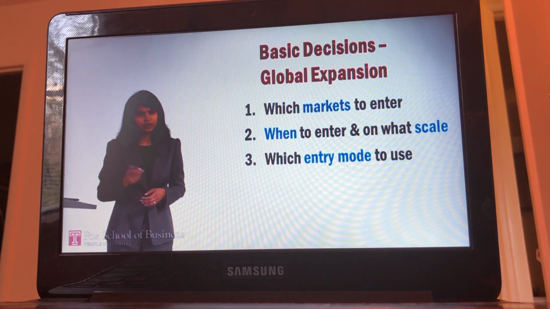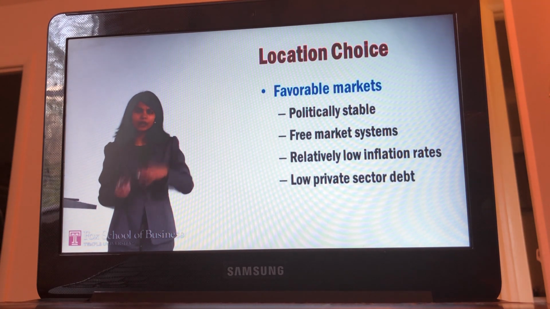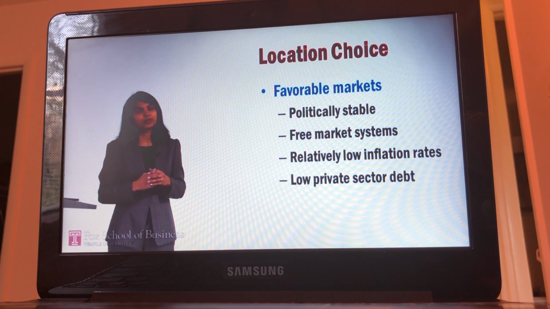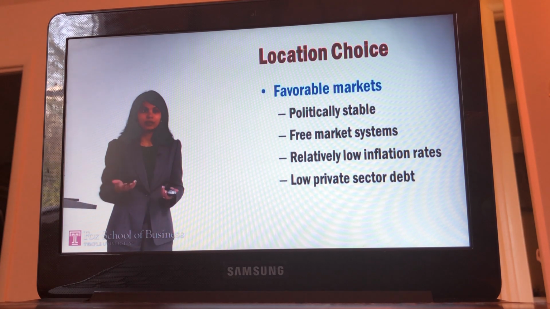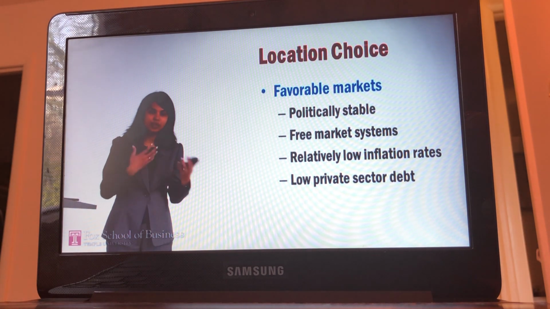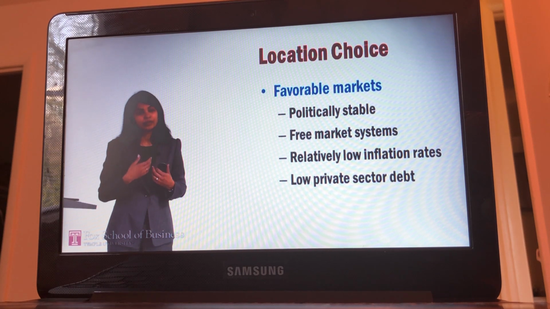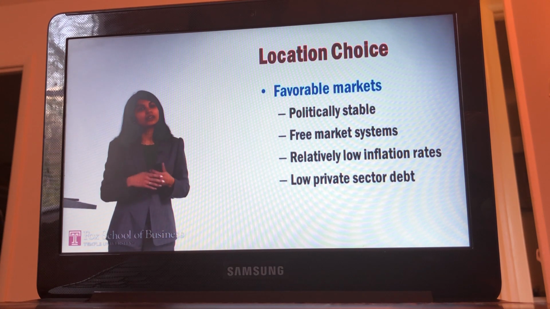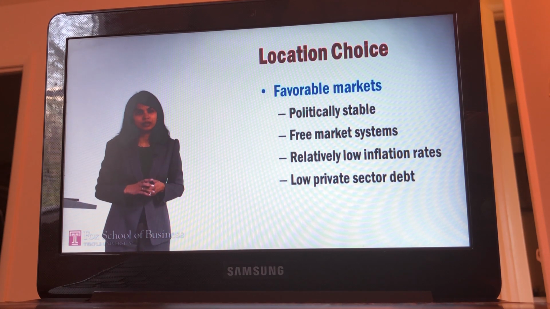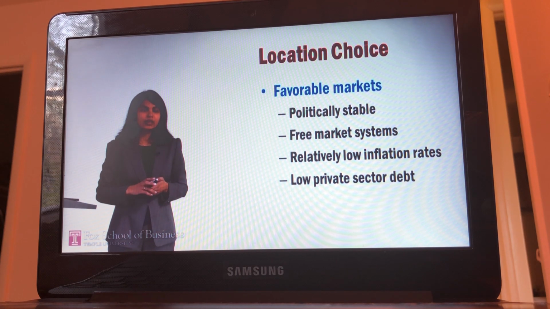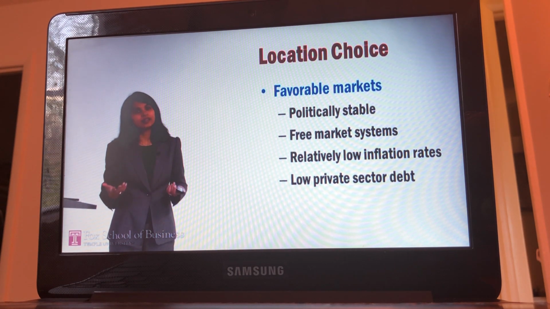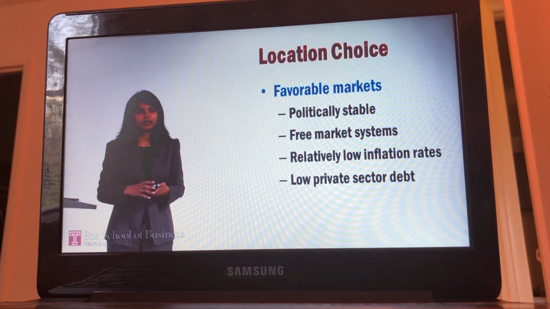So let's see, which market should we enter? We have discussed in our previous videos that some markets are more favorable than other markets, simply because they have a more stable political environment, more stable economic systems, more favorable government policies toward trade and FDI, relatively low inflation rates, and of course low private sector debt. In addition to that, there are certain externalities that could be an advantage to establish a business there.